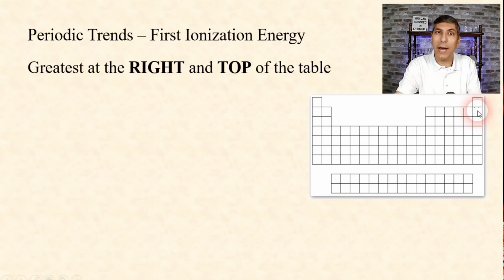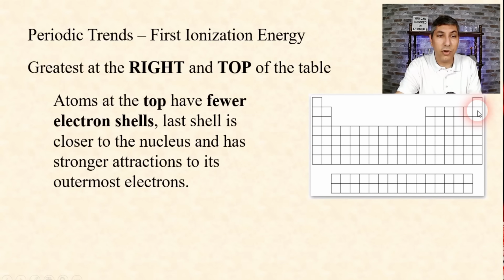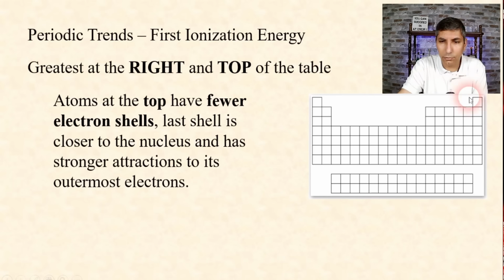Those are going to have the highest first ionization energy. And basically the reason is the same as it was before. At the top of the periodic table, we have fewer electron shells. And that means that that last shell is closer into the nucleus, and it has stronger attractions to the outermost electrons.